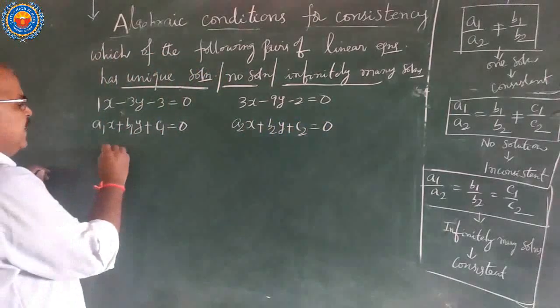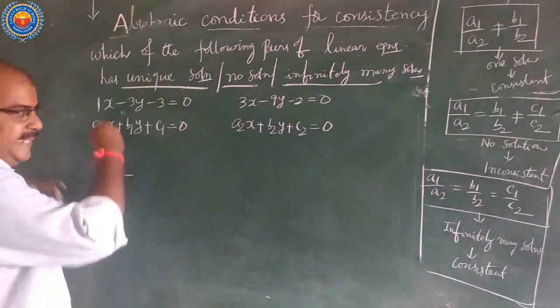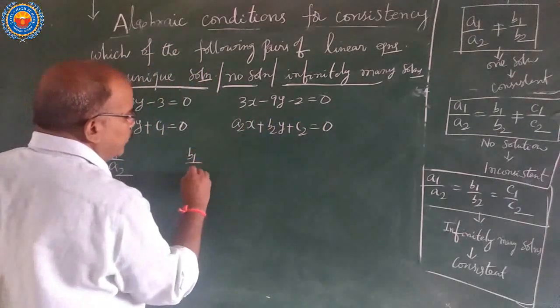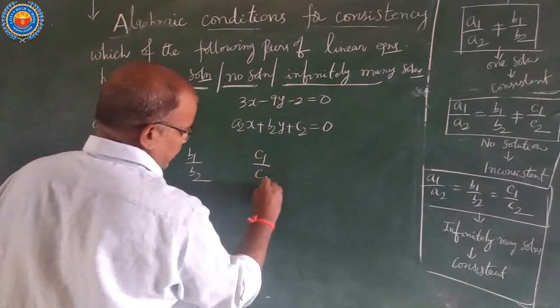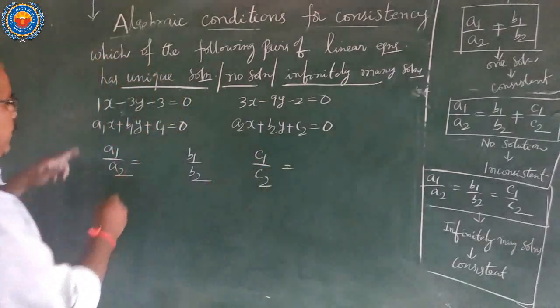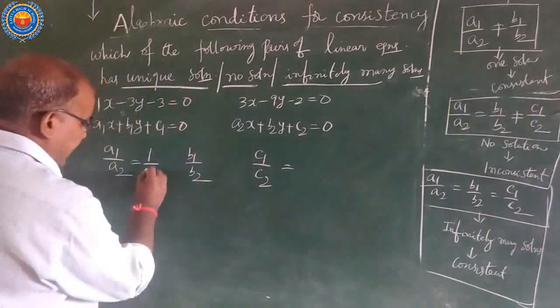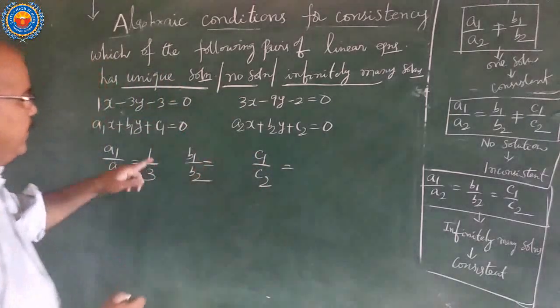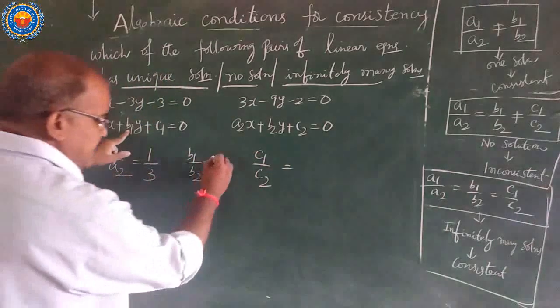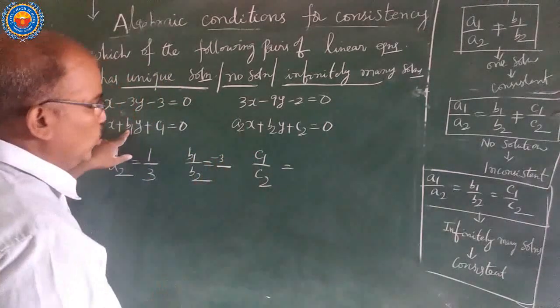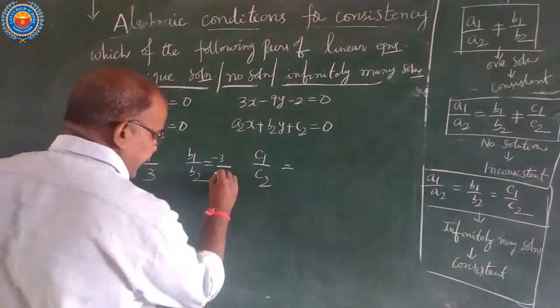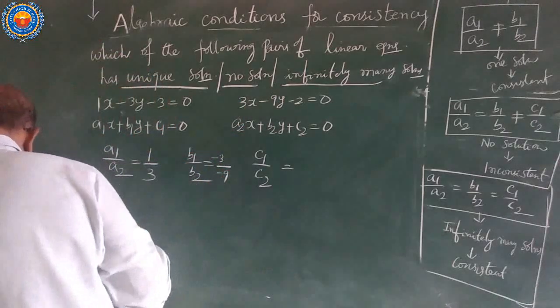Now again, a1 by a2, b1 by b2, c1 by c2 directly I am writing. What is a1 by a2? a1 is 1, a2 is 3, so 1 by 3. What is b1 by b2? b1 is minus 3, b2 is minus 9.